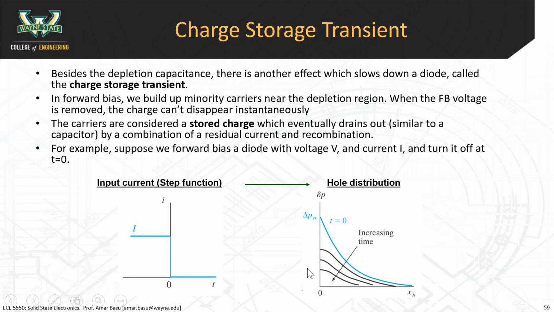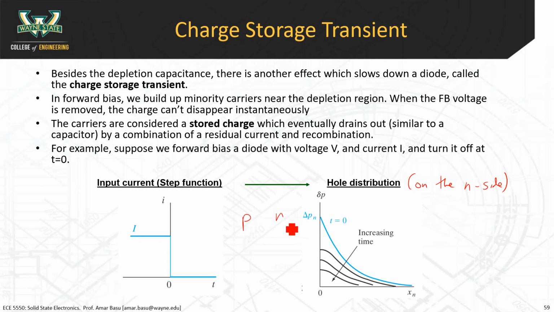So what we're looking at here is, for example, the minority carrier distribution on the N side of the junction. Remember that if you have a diode in forward bias, I'm just going to draw this again to be clear.